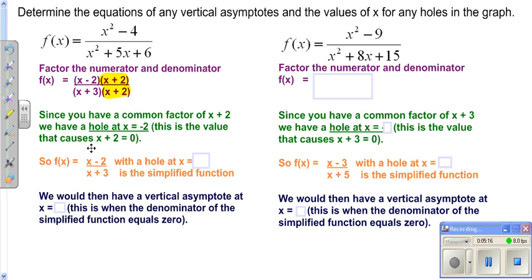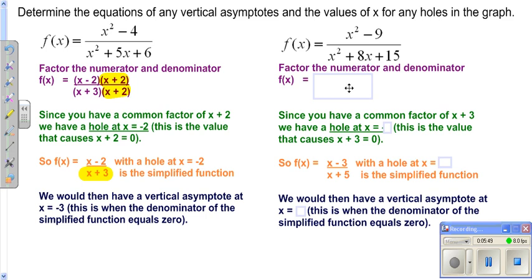You look at what's left. Since we have this left then, there's still a denominator. What causes that bottom to be 0 is negative 3. So we'd have a vertical asymptote at negative 3. So this particular function would have a hole at negative 2, because that's what causes that common factor to drop out, and a vertical asymptote at x being negative 3, because that's what causes your bottom to be 0.